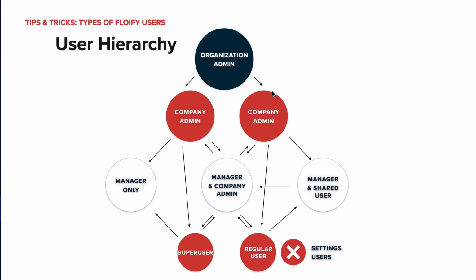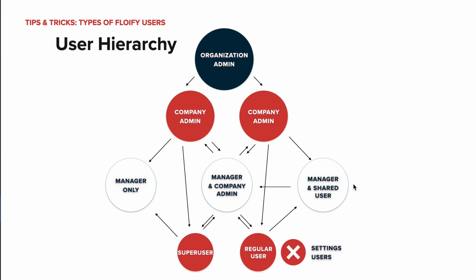Then once that organization admin logs into the company admin accounts, that means that they're logging in to see that specific company and all the users within that company. The company admin then has access to all of the settings, the company settings, the overrides, the integrations, the teams, the users, everything within that company.